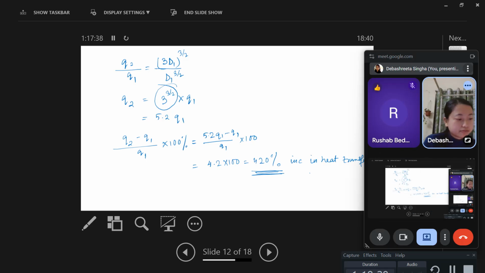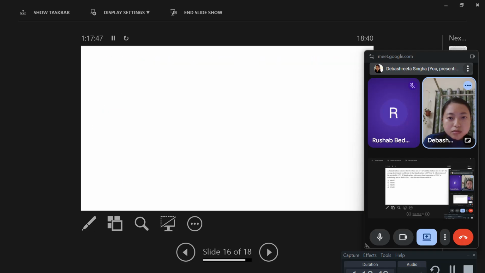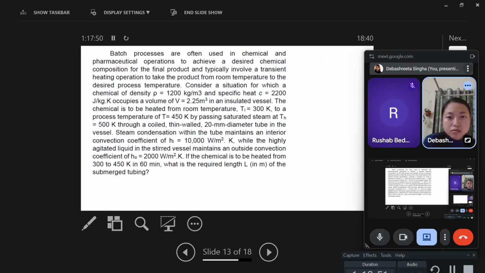Okay. Batch processes are often used in chemical and pharmaceutical operations to achieve a desired chemical composition for the final product, and typically involve a transient heating operation to take the product from room temperature to a desired process temperature.